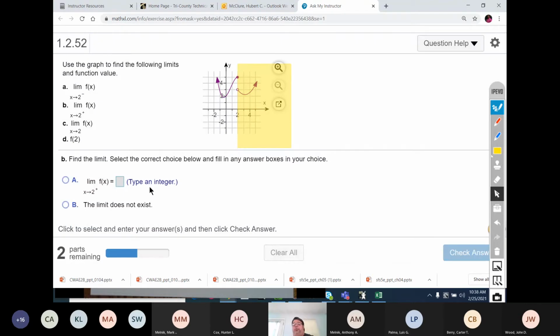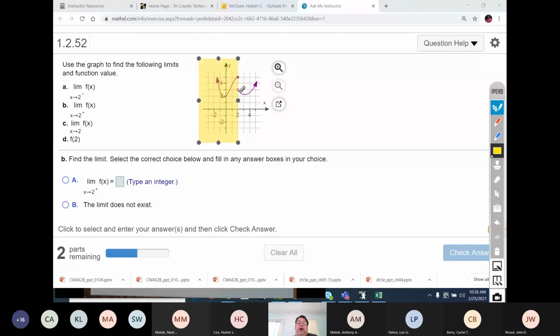Now we're going to approach 2 from the right. So that means I'm going to cover up the left-hand side. So somebody tell me, as I approach 2 from the right-hand side, I get -5, -4, -3, 2.